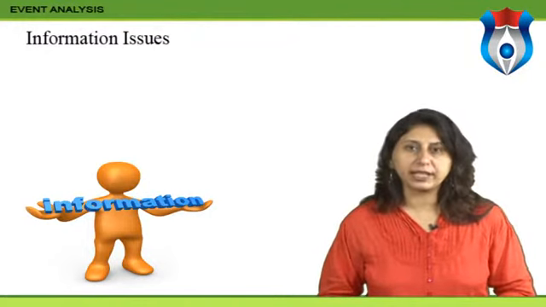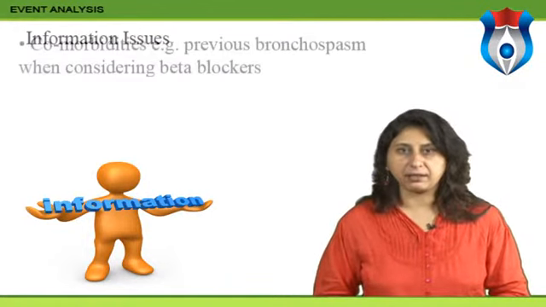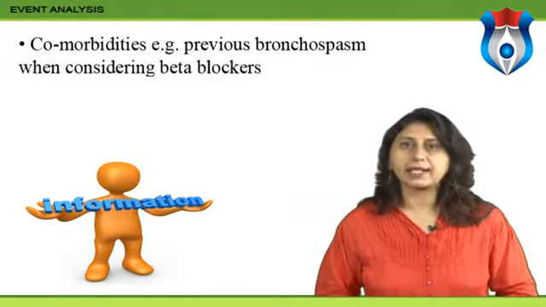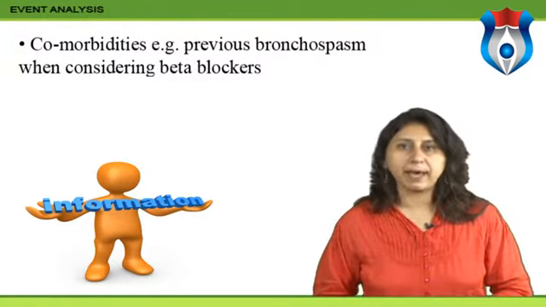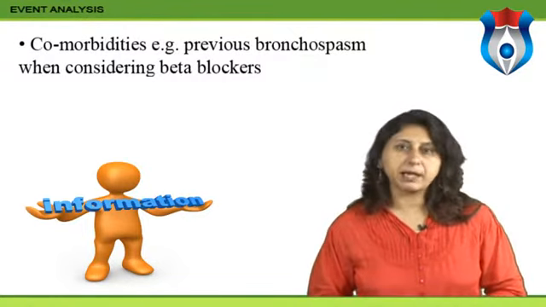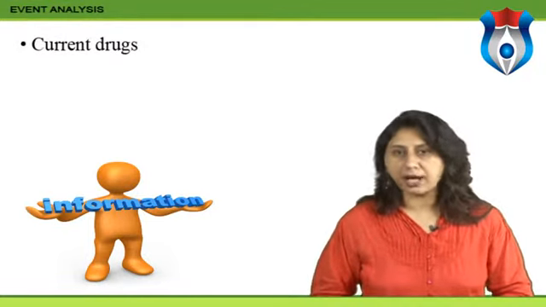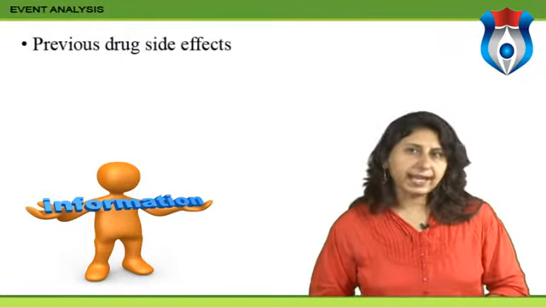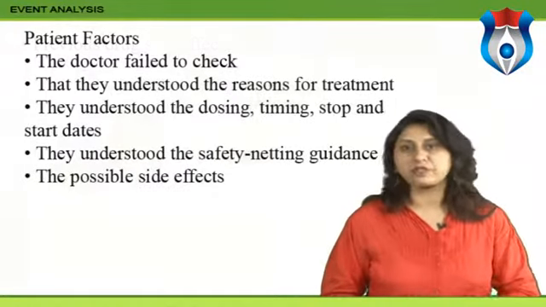Examples of potentially important missing data: comorbidities, for example previous bronchospasm when considering beta blockers, current drugs, previous drug side effects, patient factors.